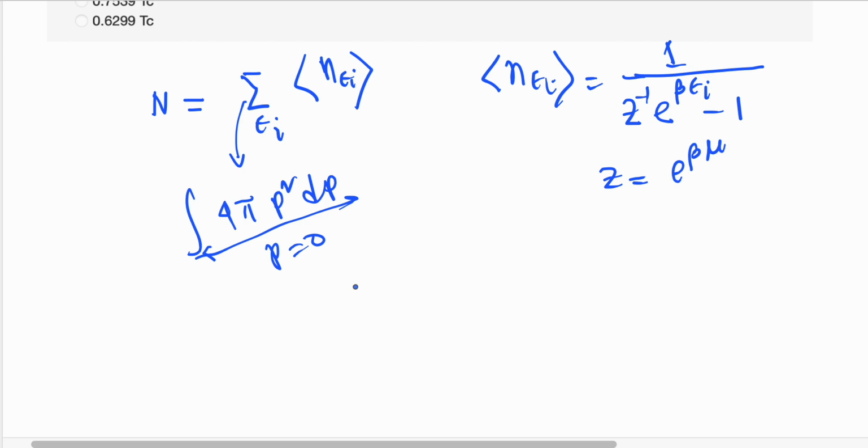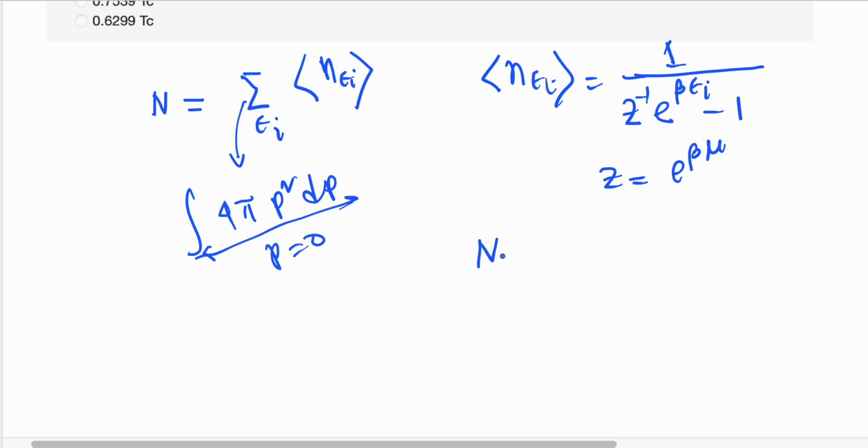But here, since in bosons so many particles can stay together in a single state, you have to consider the number of particles in the ground state, that means epsilon equal to 0. So let's check what number remains there.